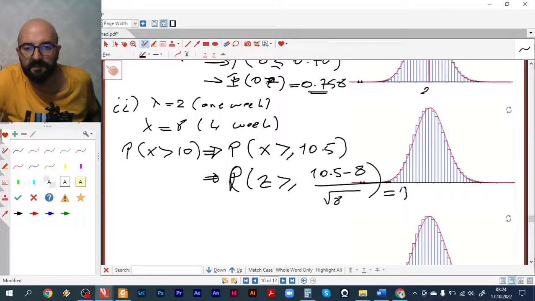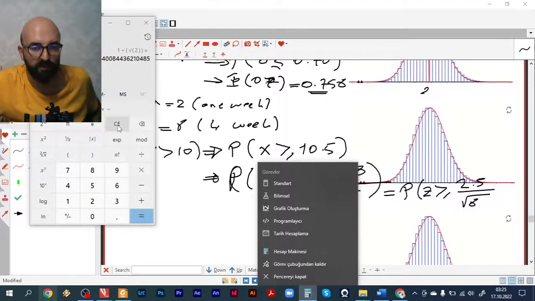It means the probability of z greater than or equal to 2.5 over the square root of 8.